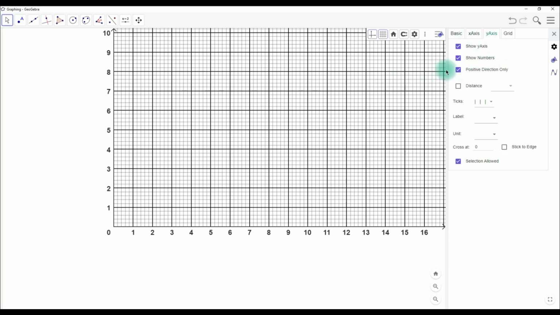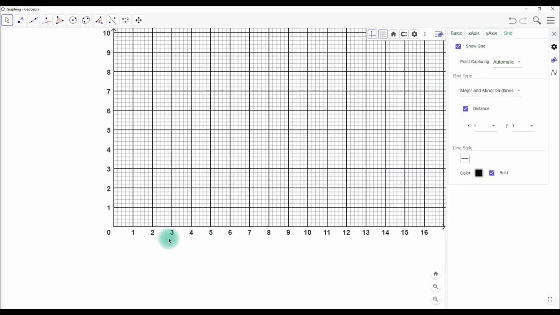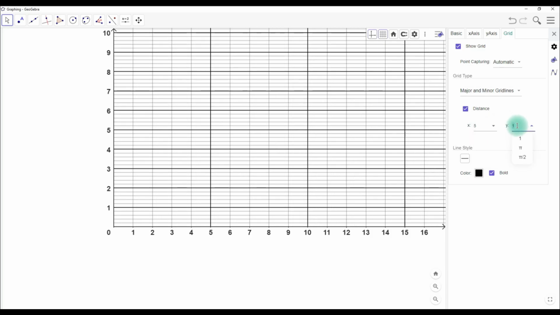Then I need to set up the scale. For the y-axis, I think that's okay: 1 centimeter to represent 1 unit. For the x-axis, 1 centimeter to represent 5.0 times 10 power negative 2. So for the x-axis, go to the grid and choose 5.0, then for the y-axis it is 1.